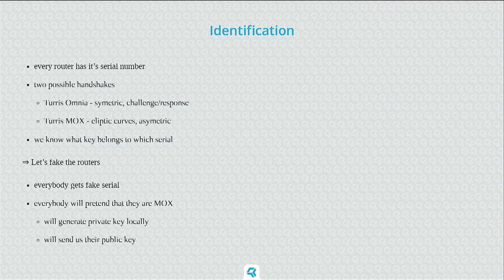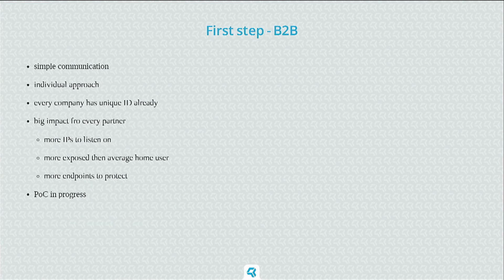The tricky part is how to make sure that nobody generates hundreds of accounts. So the first step that we are starting with is some B2B cooperation. I will be honest, we still don't have it running anywhere else apart from routers and a few developers.